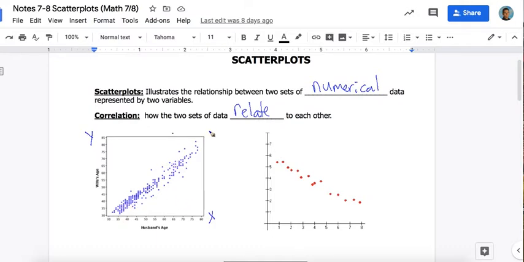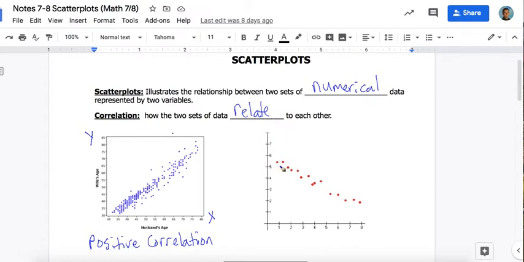And look at this, it's following a positive relationship. So this is a positive correlation. Just like when we did slope, if it sloped up, it had a positive slope. Same thing here, it's a positive correlation. They're both increasing.